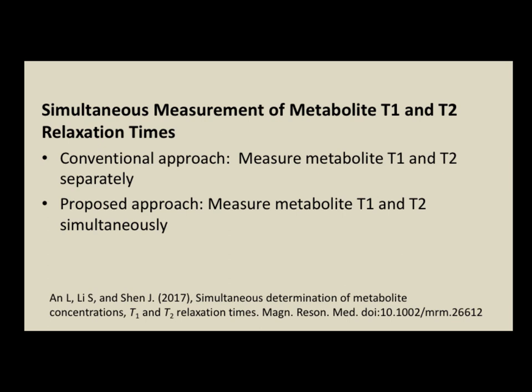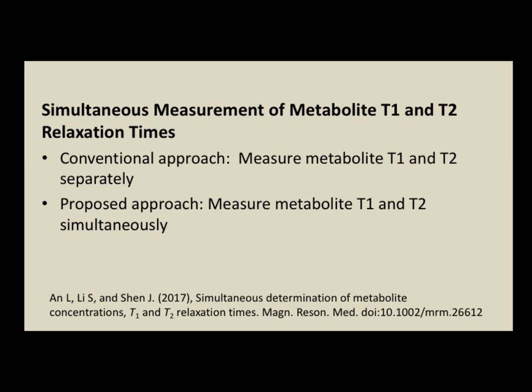The third project is a simultaneous measurement of metabolite T1 and T2 relaxation time. In prior studies, the metabolite T1 and T2 values were measured separately using different pulse sequences.